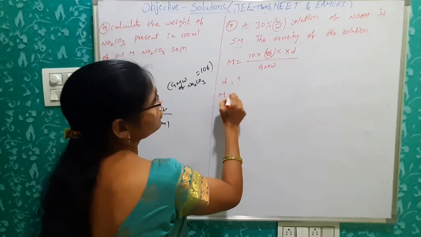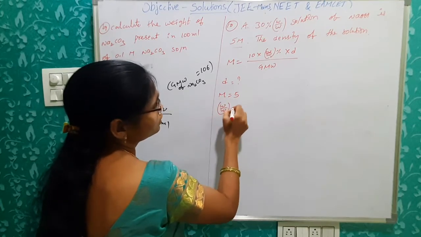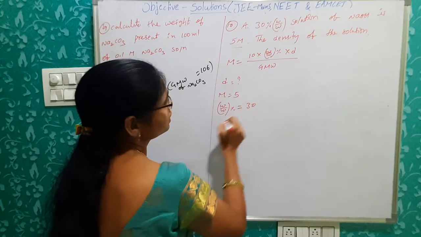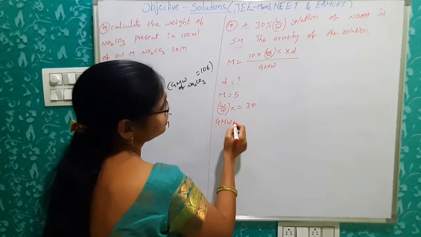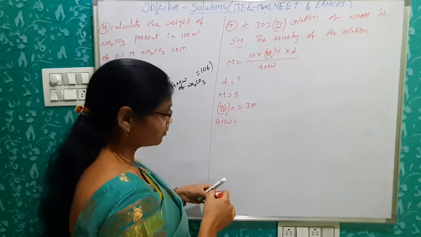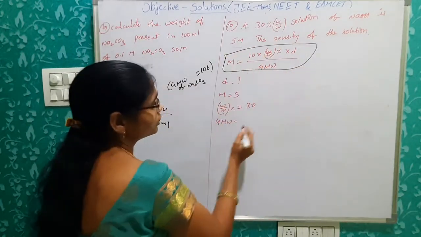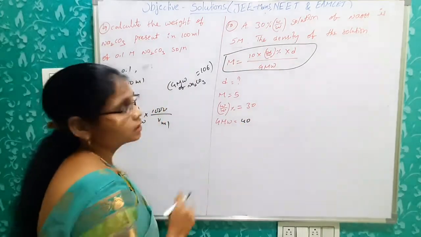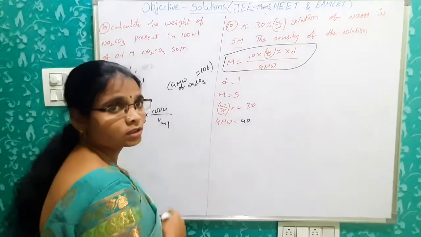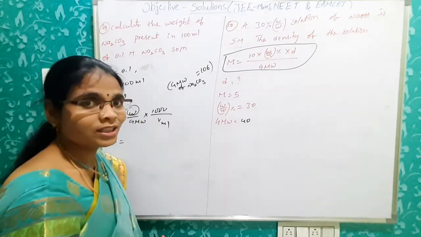So the molarity is given as 5, then weight by weight percentage is given as 30. Gram molecular weight of NaOH is 40. So all are substituted here, and you will get the density. Do it and write the answer in the chat box.